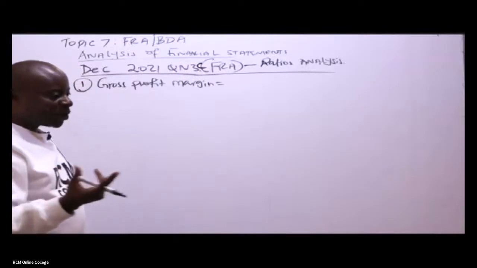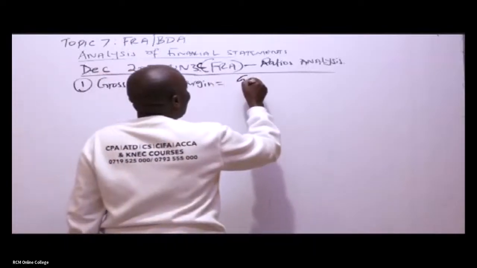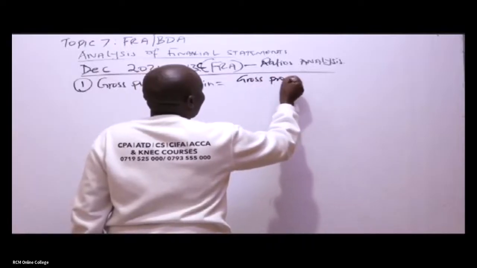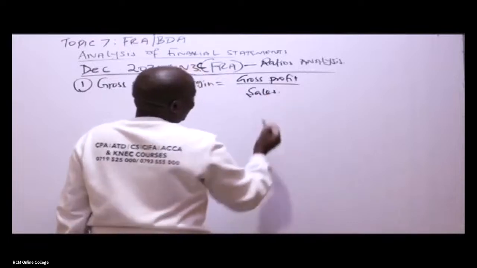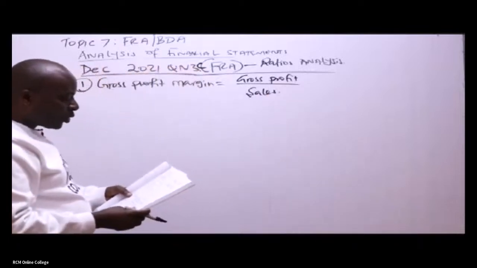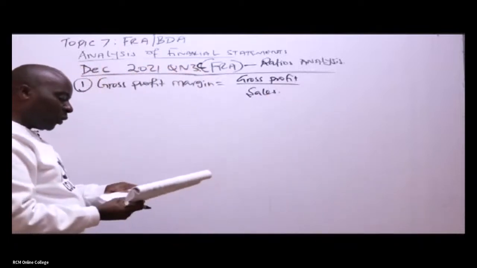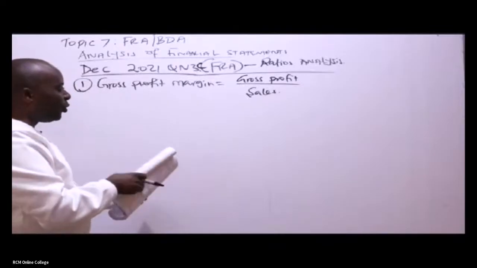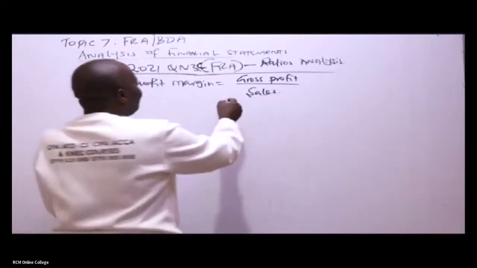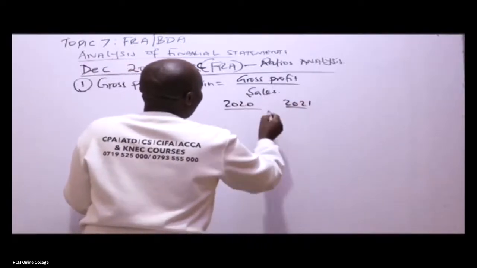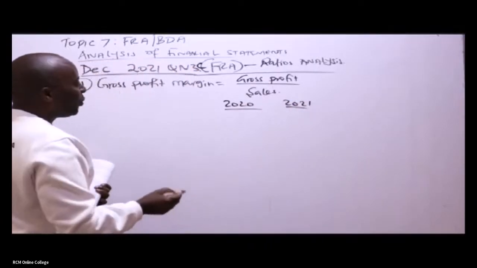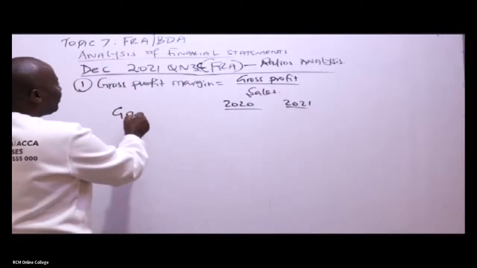So gross profit margin will be gross profit all over sales. Let's calculate these for each of the 2 years, 2020 and 2021. Very easy.